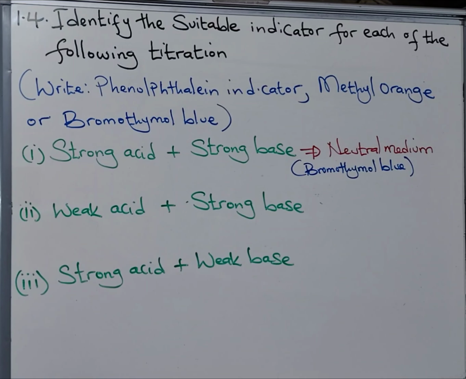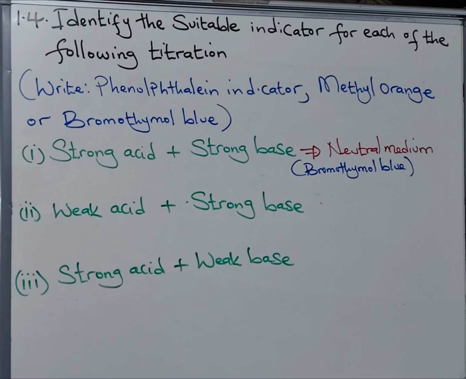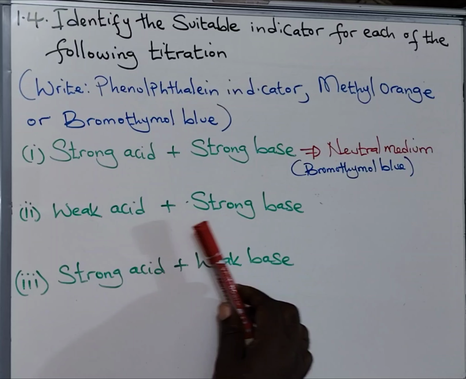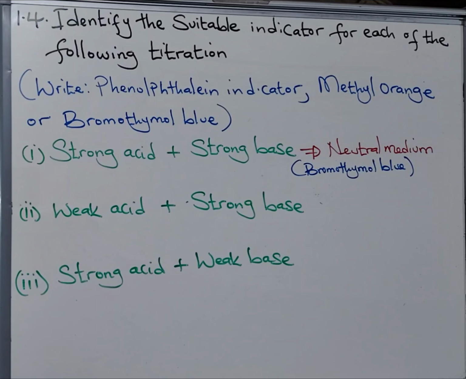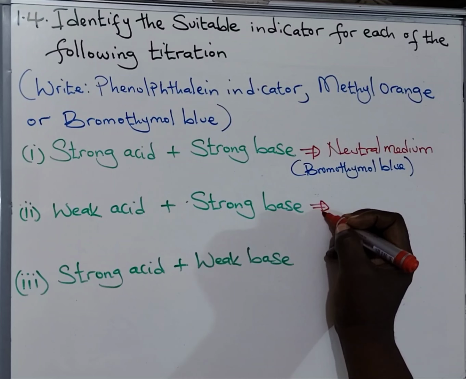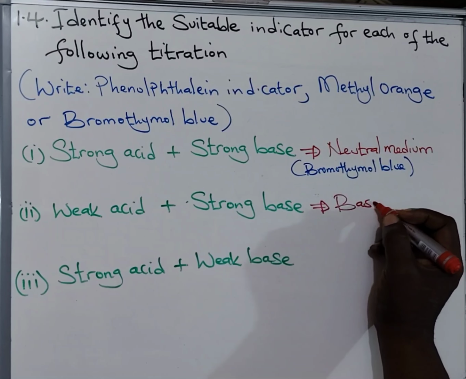Then comes this one, weak acid plus a strong base. A weak acid and a strong base, the medium becomes what? You need to know that it's the strong which takes the pH. So in other words, base being stronger, we are going to have the medium as basic or alkaline in nature.